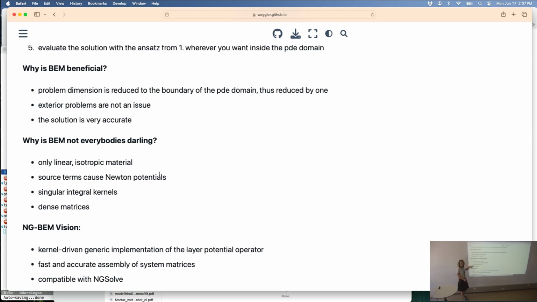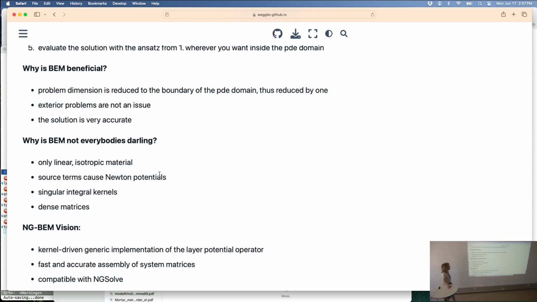The third point, you have to pay for this reduction to the boundary with more difficult integration. We will see it in a moment. Your integral operators come with singular integral kernels, and that means that naive integration rules won't work.